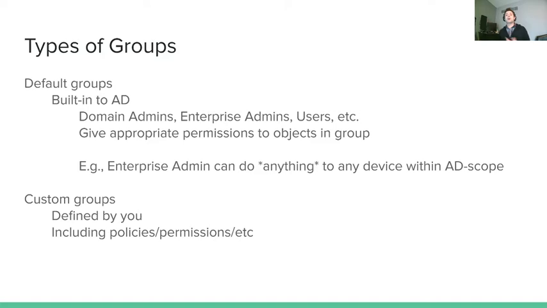You could be a schema admin, where you have the ability to update the schema of your Active Directory infrastructure. You'd be limited for other permissions, but you would have this basically power over the network. And that'd be somebody who would be in charge of laying out your Active Directory environment, right? So all of these groups, and there's going to be a lot of particulars with what each group can and cannot do. But typically, you would assign users to these groups who you would want to work in this space, right?